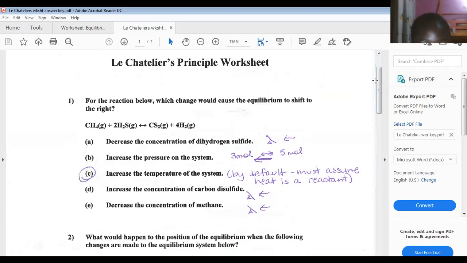Okay, look at this question. A decrease in the concentration of dihydrogen sulfide, where will equilibrium shift to? To the left.